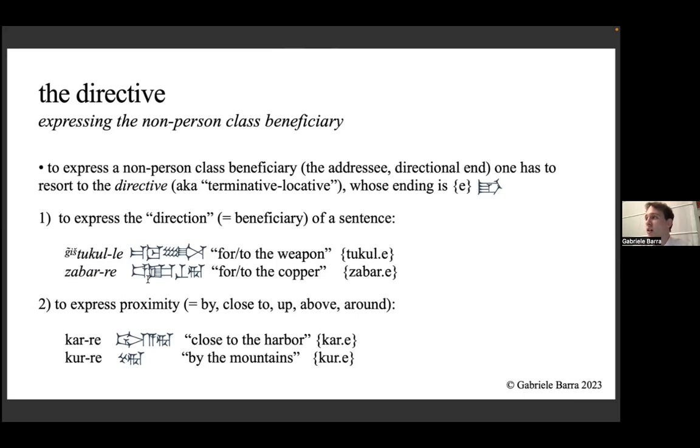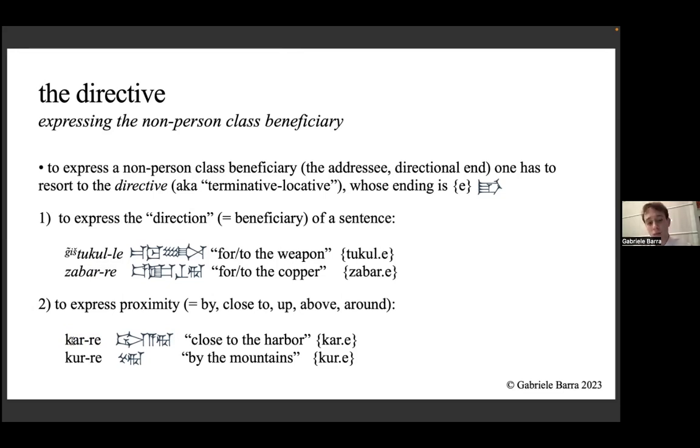So while the locative expresses the exact position where you are located, I am in the house, I am in Uruk, God knows where I am, the directive in its locative function expresses proximity. So I am not in the house, I am close to the house, by the house, around the house.